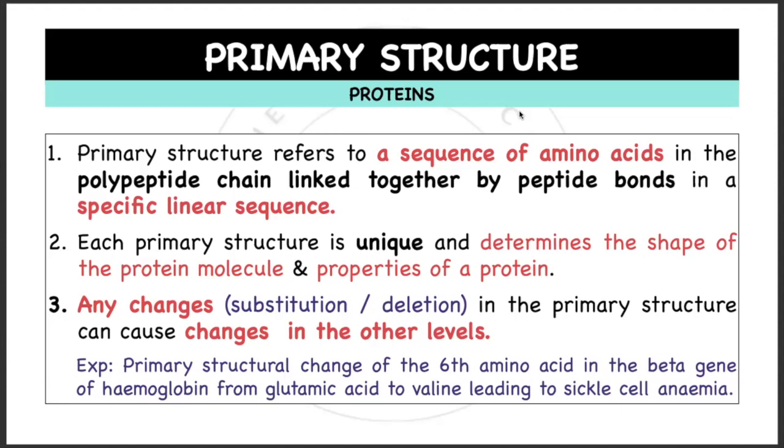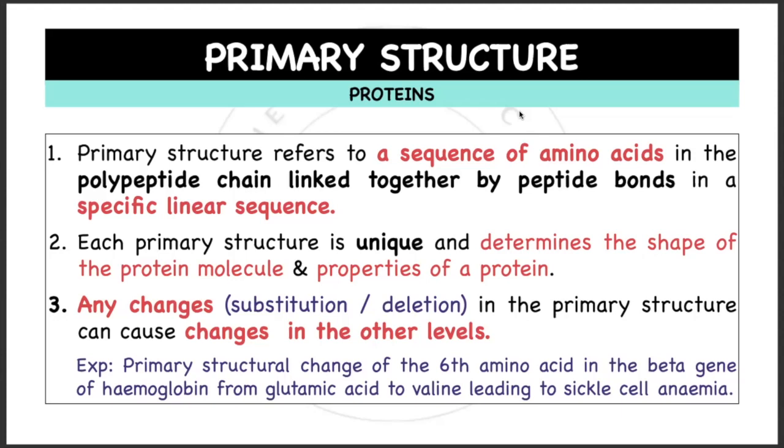Each primary structure is unique as it is controlled by the base sequence of the gene, which also determines the function of a protein as it controls the other higher levels of structure. It is basically the foundation, which is why it determines the shape and properties of the protein. If there were any changes in the primary structure itself, the overall protein molecule would be something totally different.